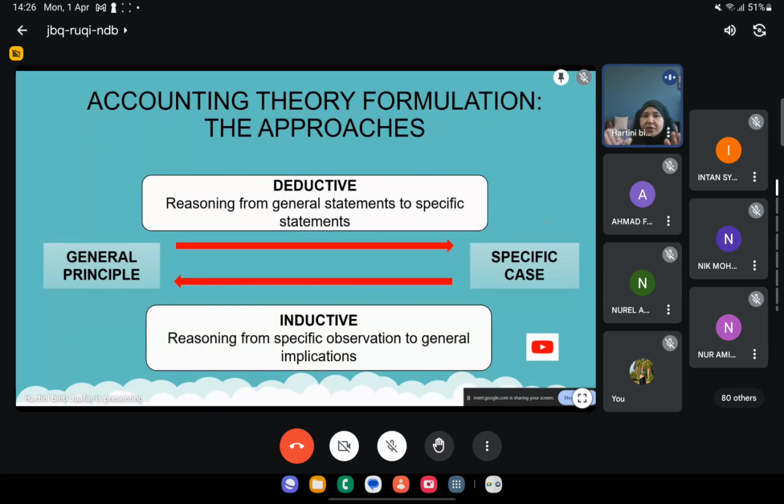If you can see from this illustration that I have, the deductive is when you reason or you hypothesize from the general statement to the specific statement, whereas inductive is from the specific observation to a more general implication.